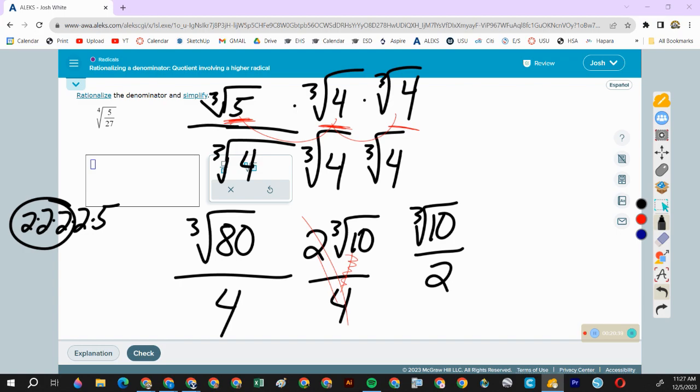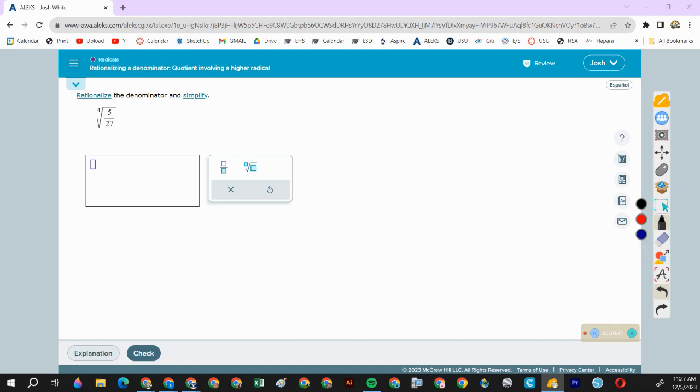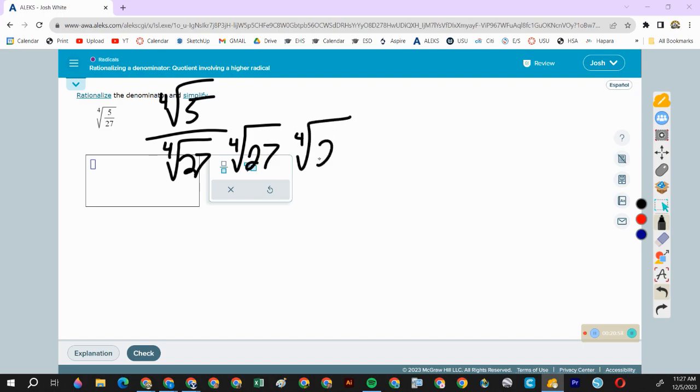Okay. Now let's do this problem. So the fourth root of 5 over the fourth root of 27. I have to have 4 copies of the fourth root of 27 to rationalize the denominator. Do the same thing on the top.